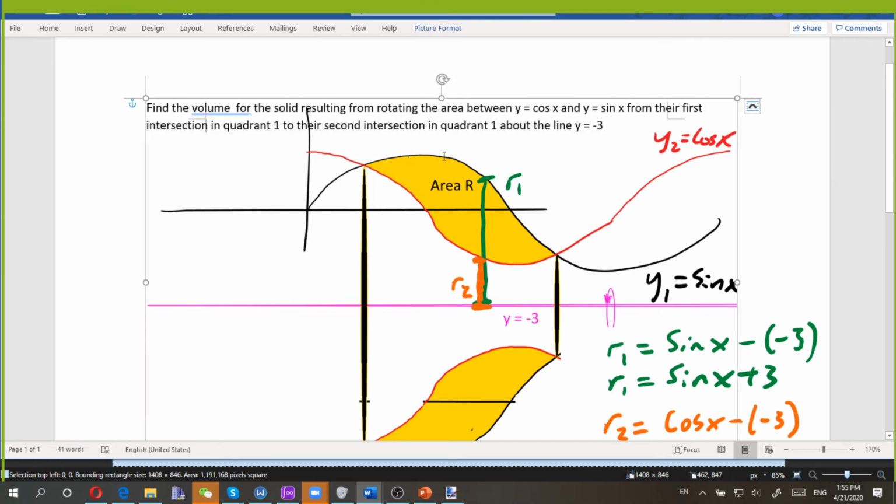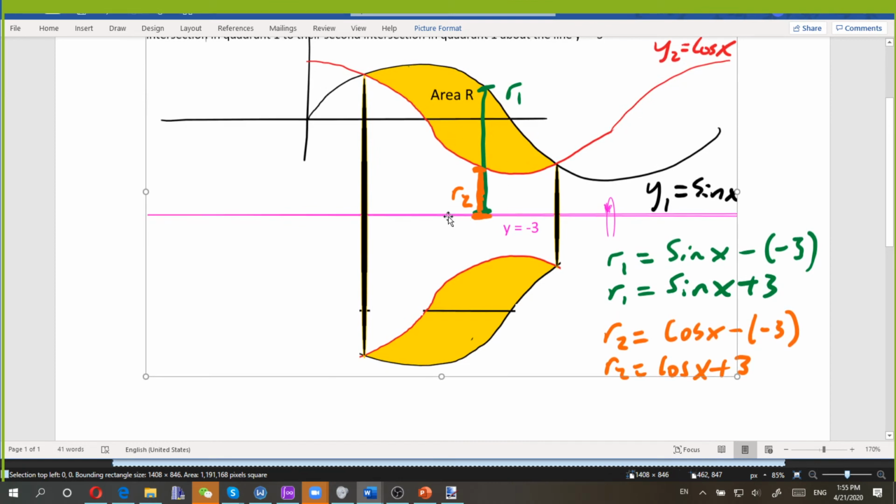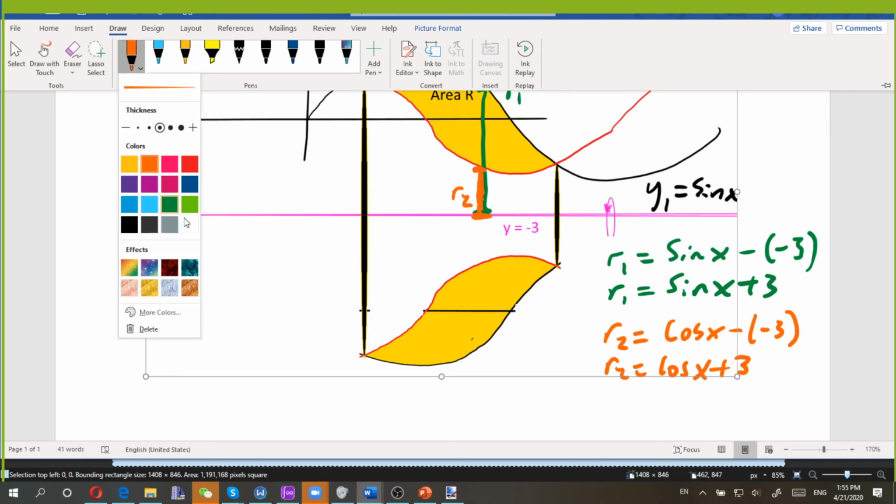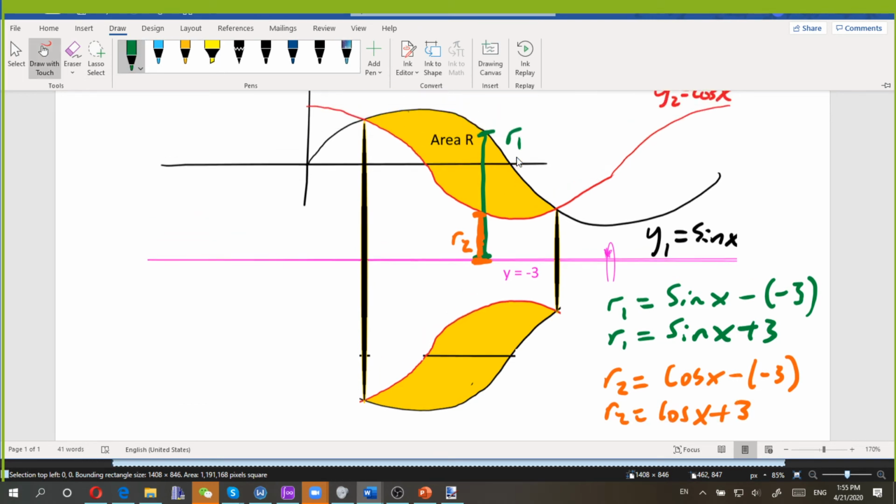Okay, so my goal is to spin this area R about the pink line, y equals -3, in order to create this three-dimensional shape that I'm kind of showing the bounds of here. So if I wanted to draw this out in 3D again, it would look something like this.